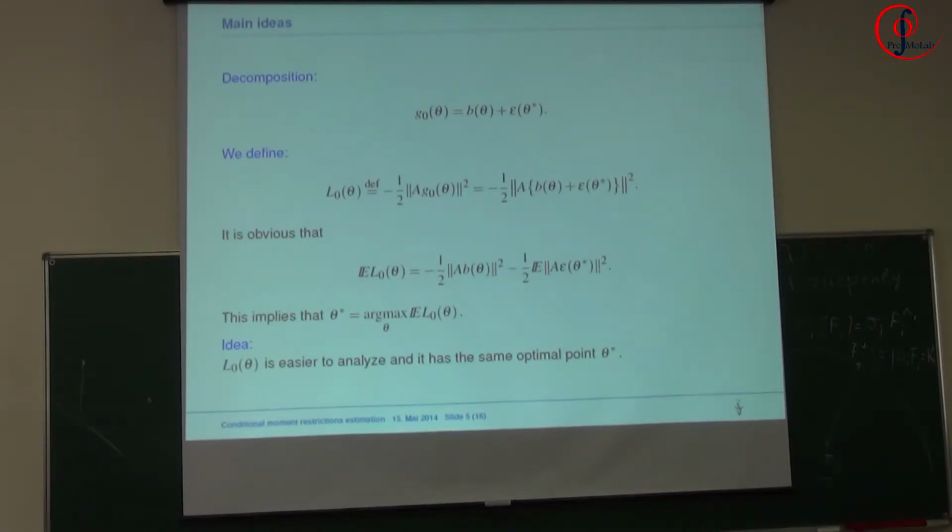And what we realized is that if you replace it by this L0, you somehow kill the dependence on the parameter in the stochastic part in the quadratic term. This quadratic form is extremely hard to study in full generality. And so we apply this trick, and we will see how much you pay for this.